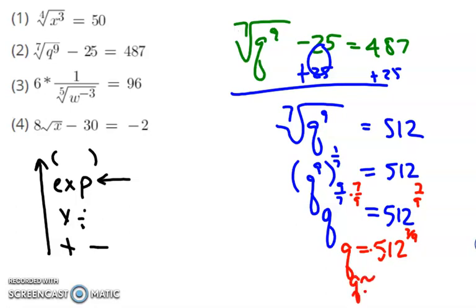And put that in your calculator. Again, don't forget about putting the exponent in parentheses. 512 raised to the 7 divided by 9, or 7/9 exponent. It actually gives you an exact answer of 128.